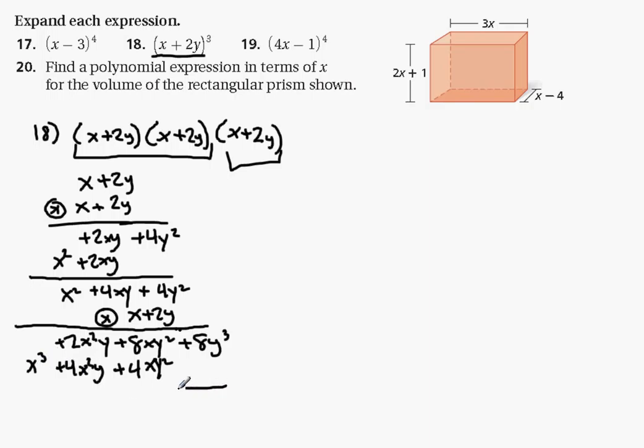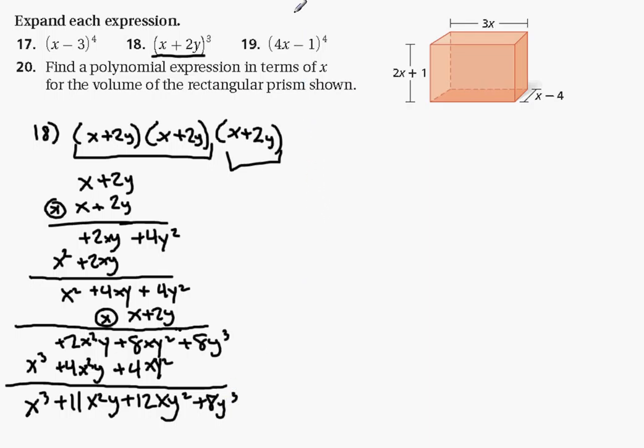And now I add my columns of like terms, and I get an answer of x to the third plus 11x squared y plus 12xy squared plus 8y cubed. That's 18.